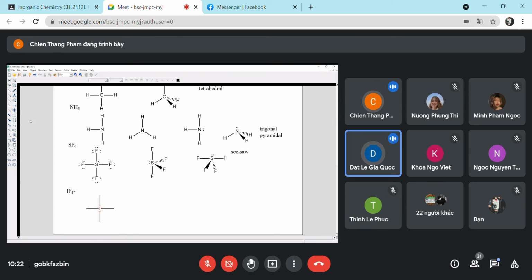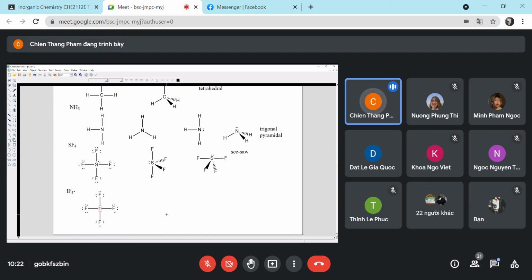Yes, I am here. Okay, so the Lewis structure of IF4 minus, please. So there will be 3 pairs of electrons around each fluorine, and 2 pairs on the iodine.